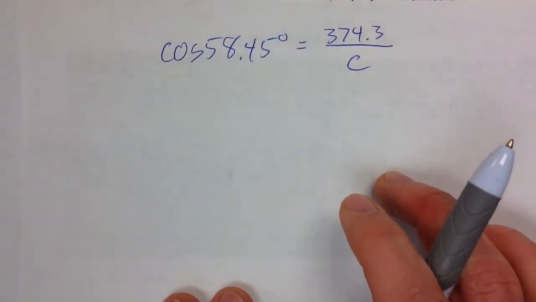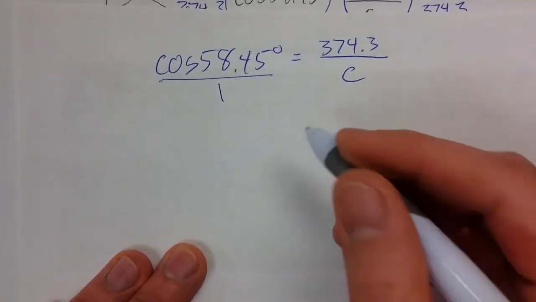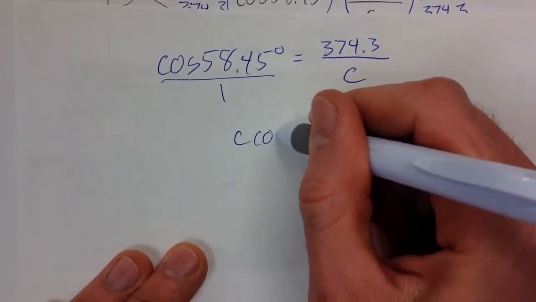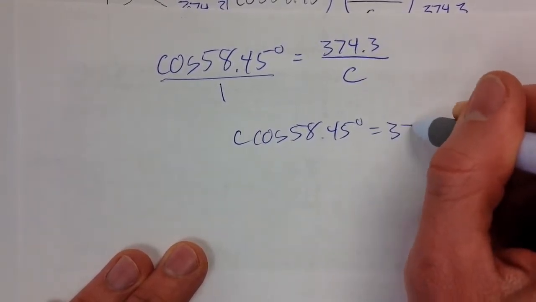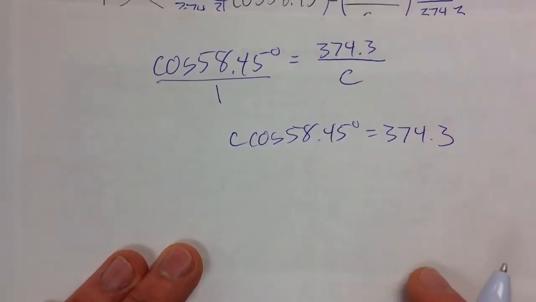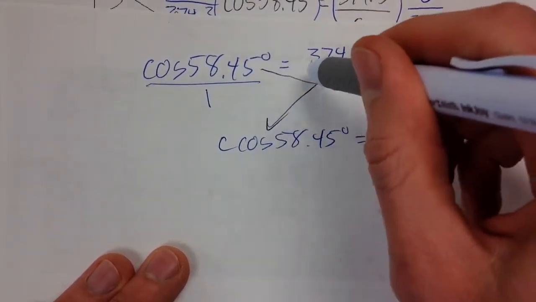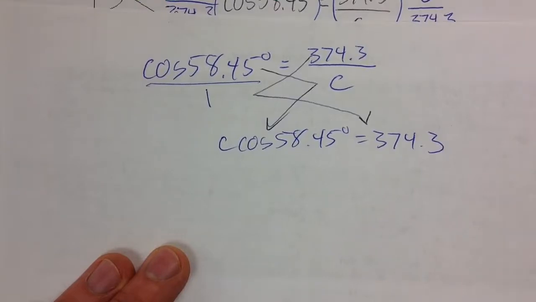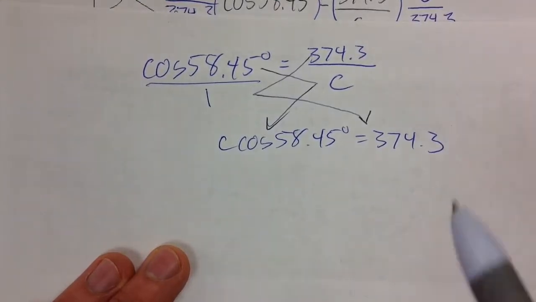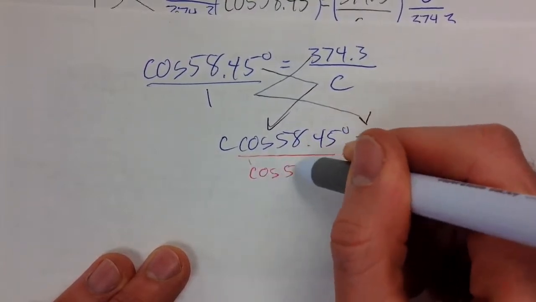Then I would cross multiply. So you would get C times the cosine of 58.45 equals 374.3. Does that make sense? Through cross multiplication. Then, because you want to get C by itself, I would divide both sides by cosine of 58.45.